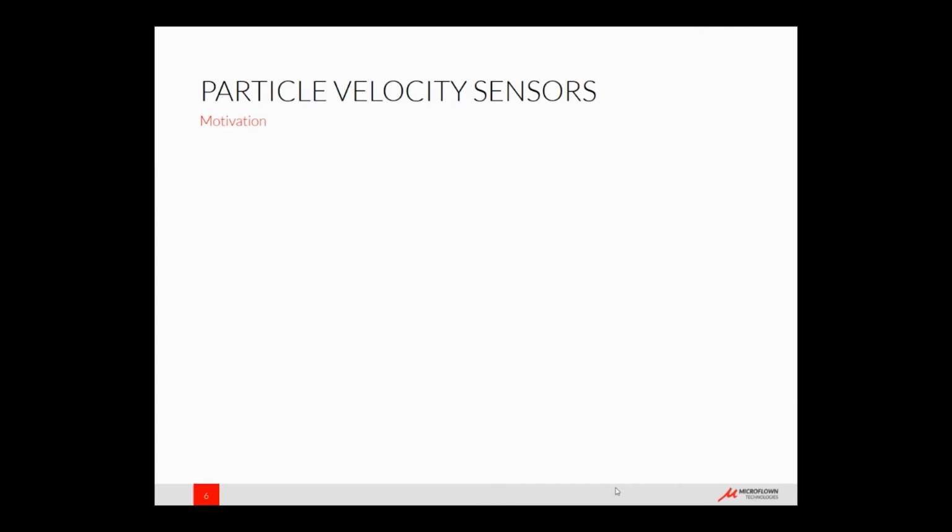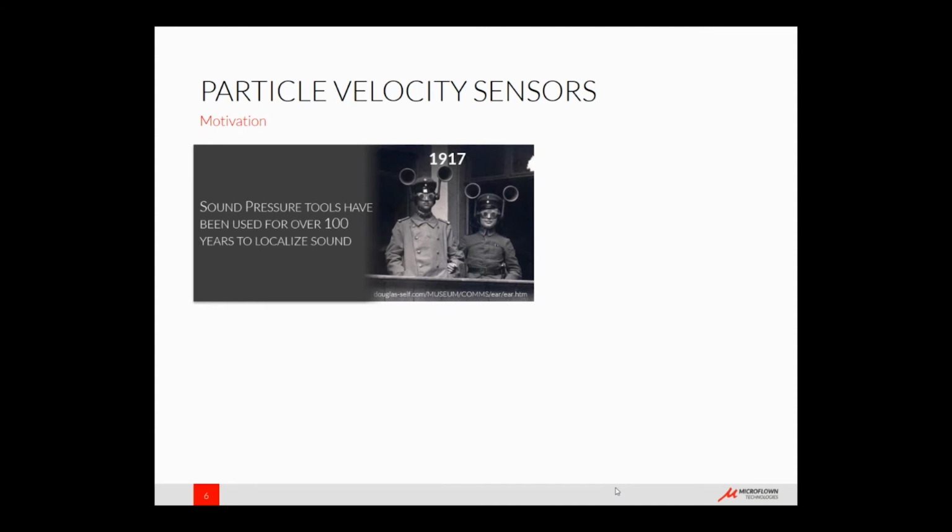So particle velocity sensors was a bit of the motivation, like the trigger of what we're going to talk about. So sound pressure is something that we are all very familiar with, and actually sound pressure is something that humans are susceptible to.